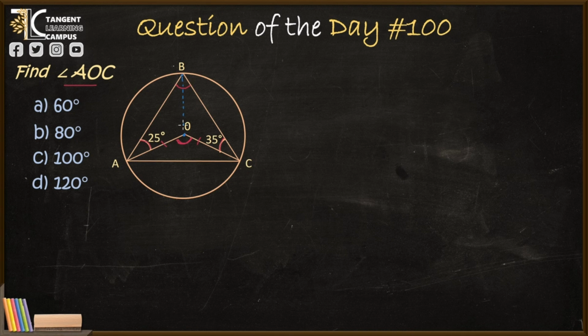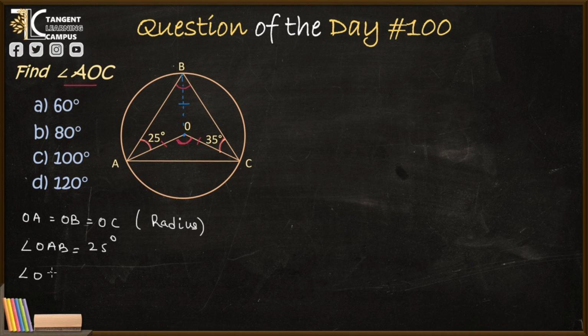So that means OA, OC and OB will be equal. Let us write down OA equals OB equals OC. And also it is given that angle OAB is 25 degrees and angle OCB is 35 degrees.